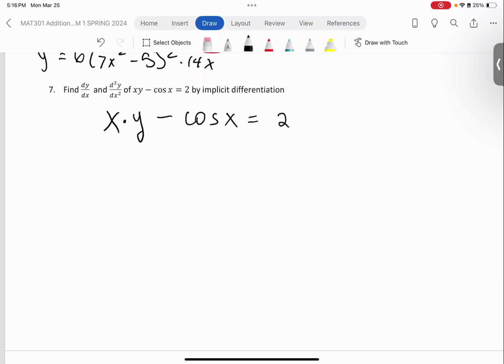And if you get y by itself, then differentiation becomes normal. But that's not the point of implicit differentiation. The point of implicit differentiation is to deal with expressions where you cannot get y by itself. But since it says by implicit differentiation, it's still a question that we can leave this way and review implicit differentiation. So let's pretend we didn't notice.